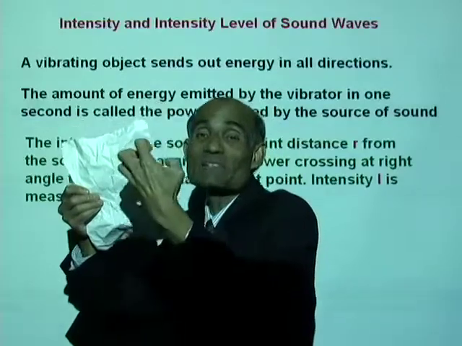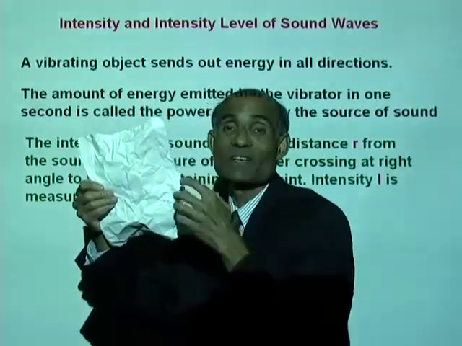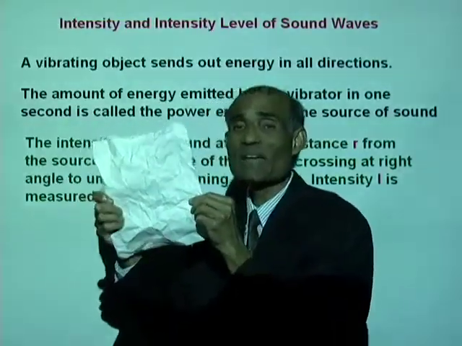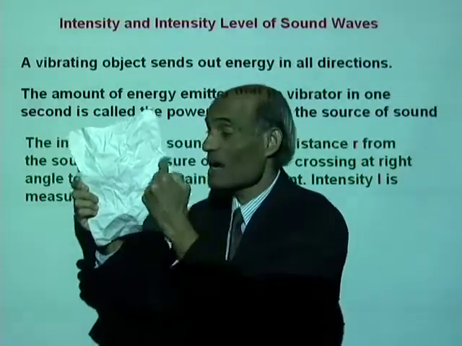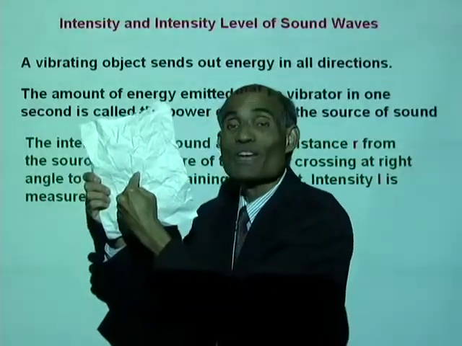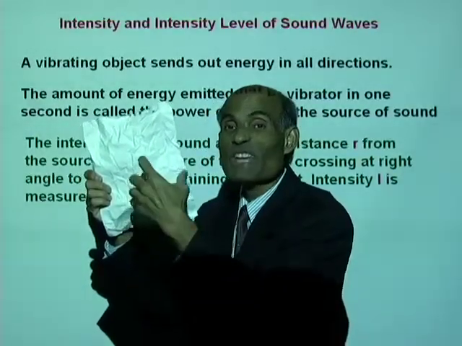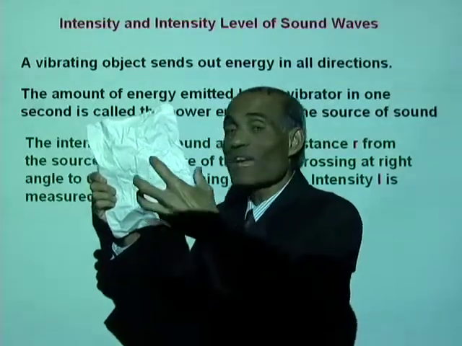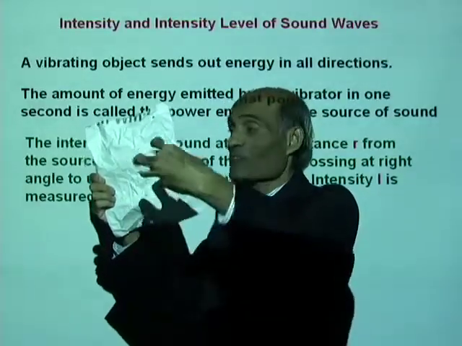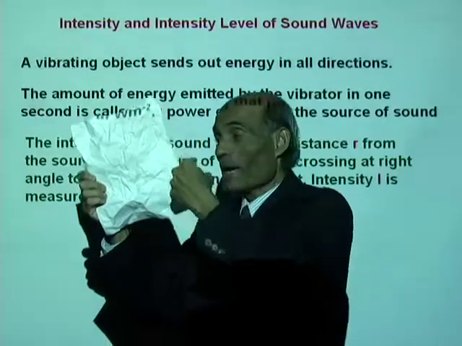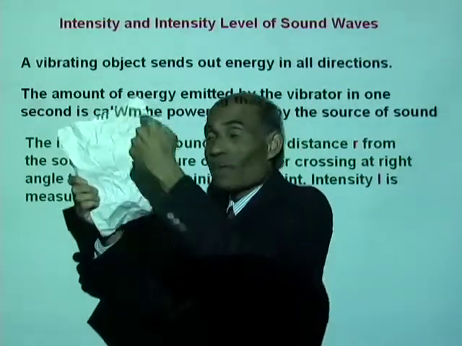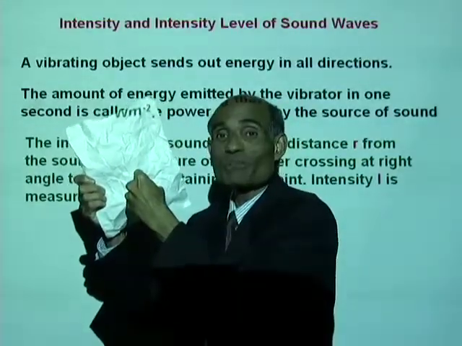You see, that is a measure of the intensity. So what is the intensity again? The intensity of a sound at a point is a measure of the amount of energy crossing at right angles to a unit area that contains that point.